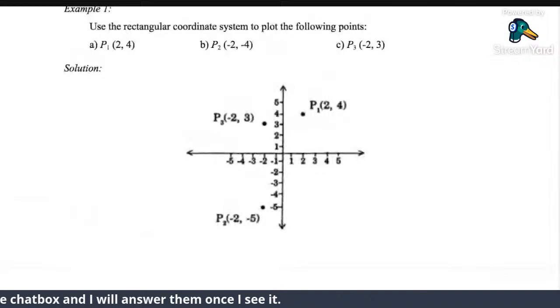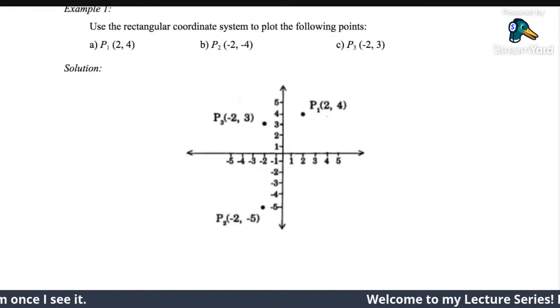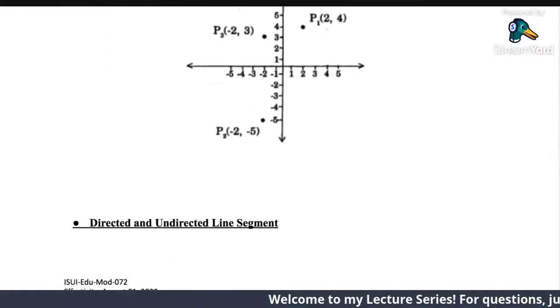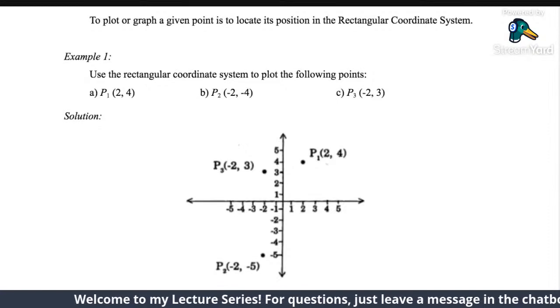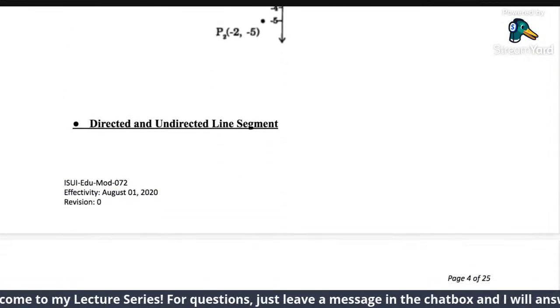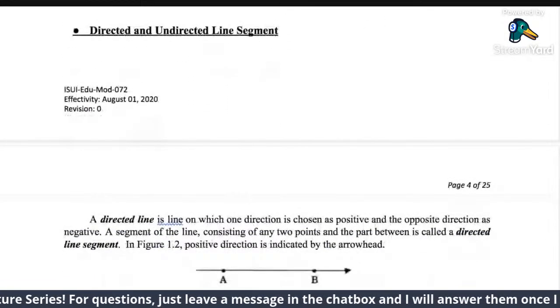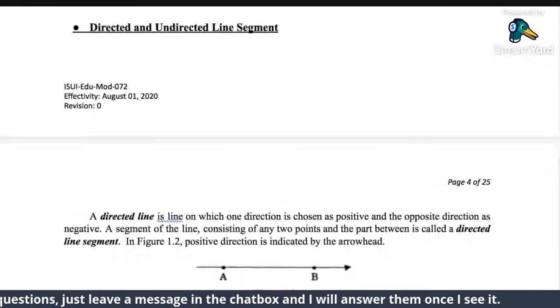This is what we did earlier in the GeoGebra calculator. So that's your rectangular coordinate system. We now proceed to directed and undirected line segment.